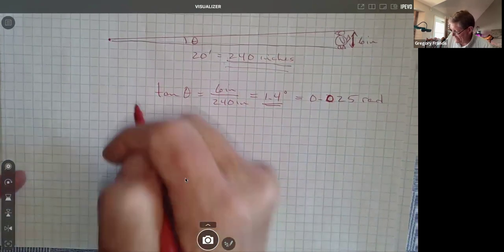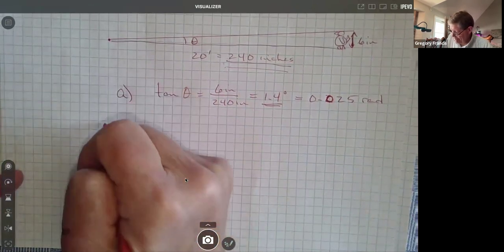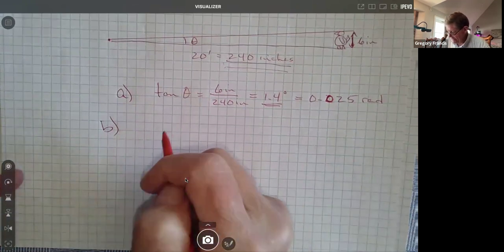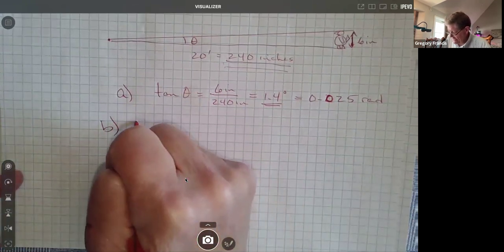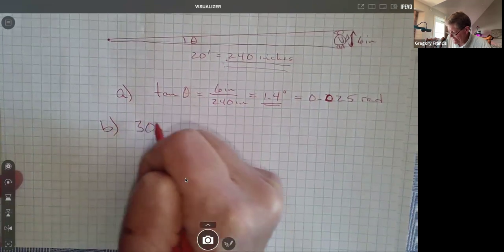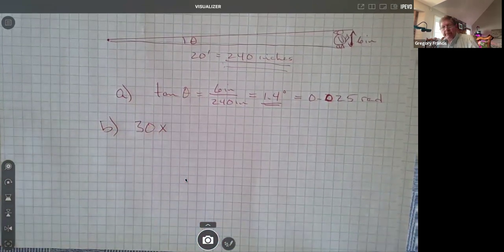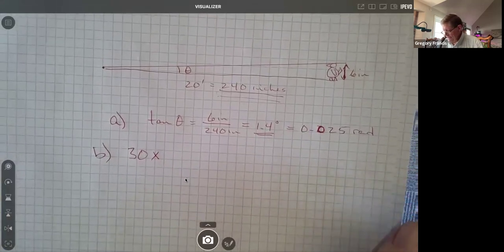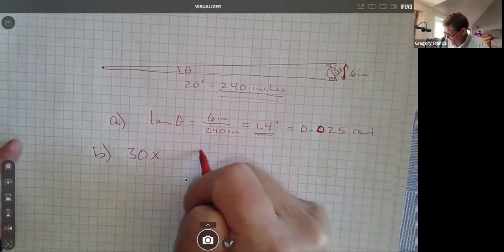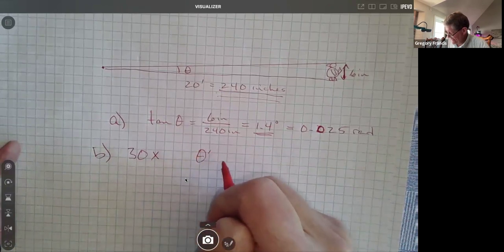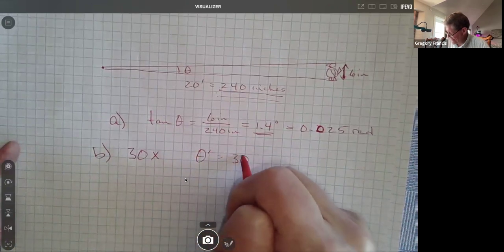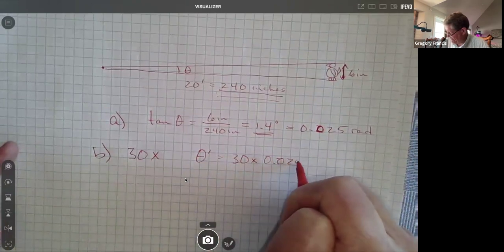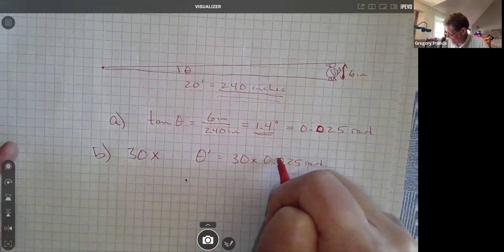Now, that's the answer to part A. Part B, let's say I'm making this number up. Let's say that you got binoculars that had a magnification of 30 times. That means that the new angle is going to be 30 times 0.025 radians.